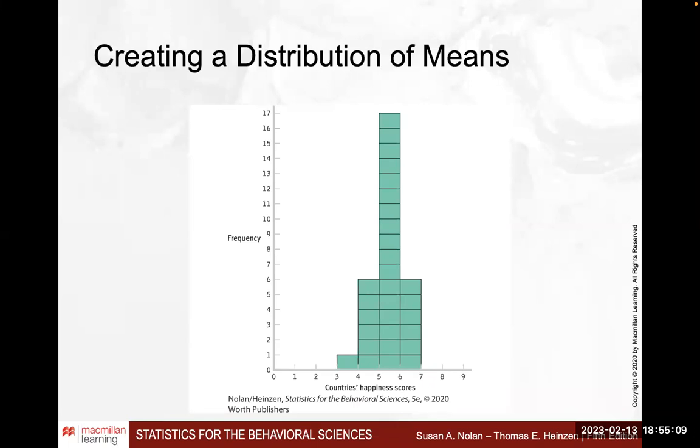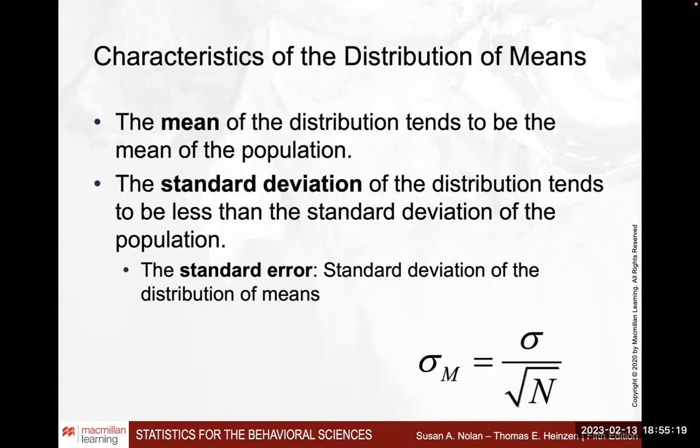So now there is a relationship, and you can estimate this variability of the distribution of the means by taking the standard deviation of the population and dividing it by the square root of the sample size of your sample.